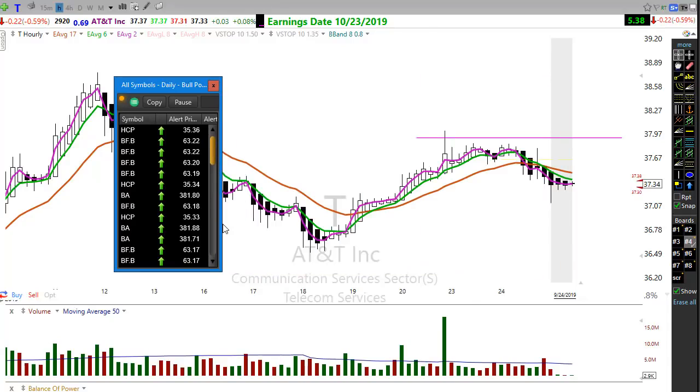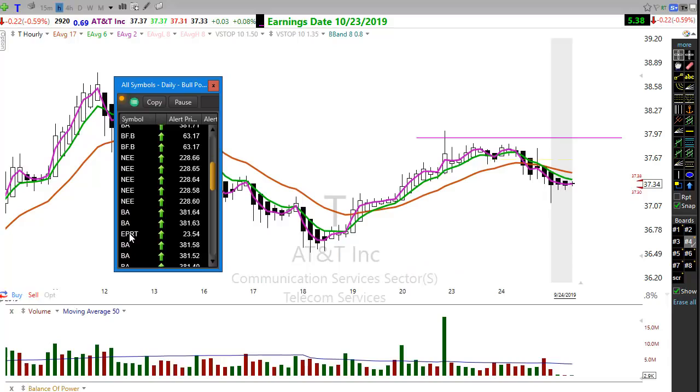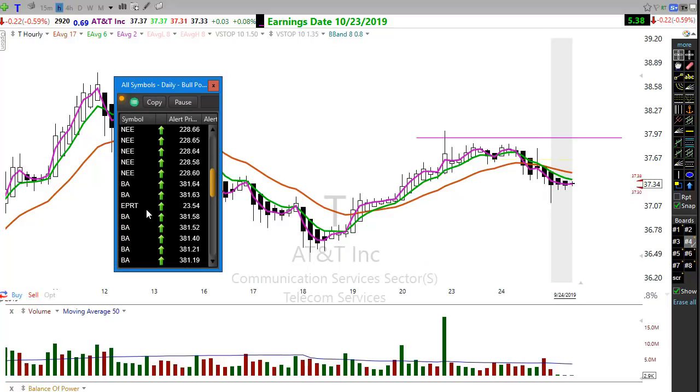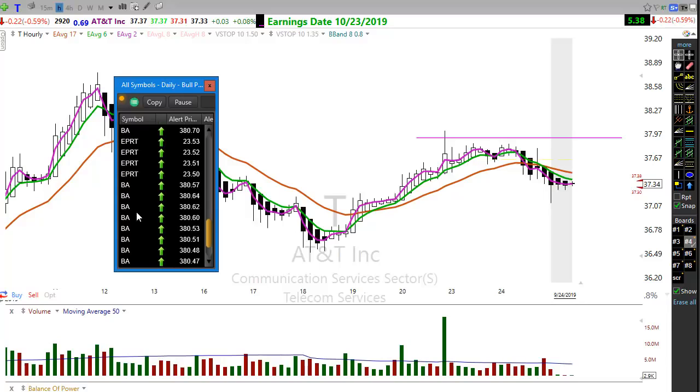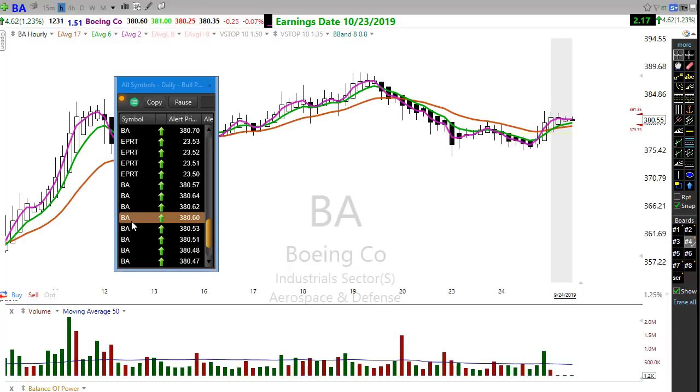In that window, it's populating trades all day long that are setting up in the strategy that I have here to alert. It's telling me these trades are putting themselves together for a potential, and all I have to do is double click and I go straight to the chart and find out if that strategy is setting up.